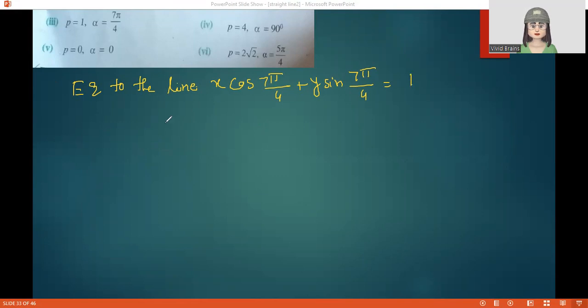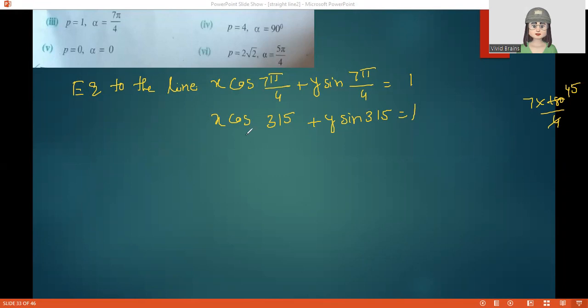What do we get now? 7 pi by 4 means 315, right? 7 into 180 upon 4. 7 5 is 35, 7 4 is 31, 315. Okay. Plus y sin 315 is equal to 1.